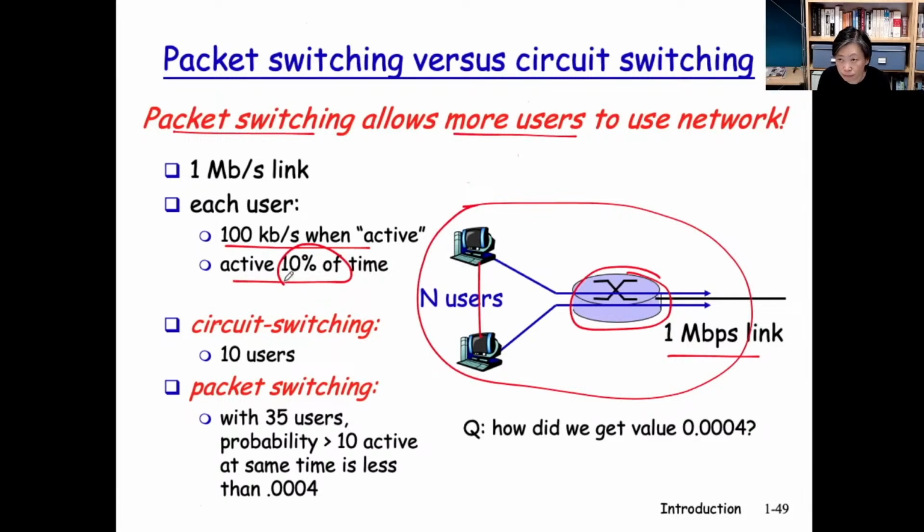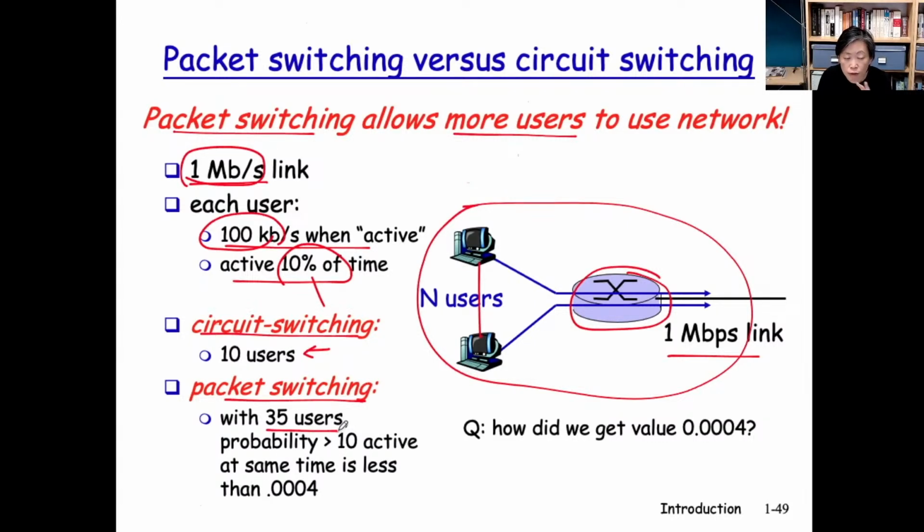In a circuit switch network, in order to satisfy these users, each at maximum requires 100 kilobits per second, so we reserve 100 kilobits per second for each of the users. And how many users are we allowed to reserve bandwidth for? This is 1,000 kilobits, so we can only allow 10 users, 10 circuits.